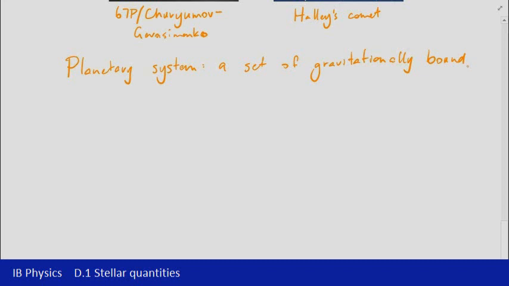But one of the things that's particularly important to note is that they are non-stellar objects. When we say non-stellar, we're basically saying they're not stars, so they're anything that's not a star that is in orbit around a star, or a star system. And by star system we basically mean one or two or more stars that are orbiting each other.